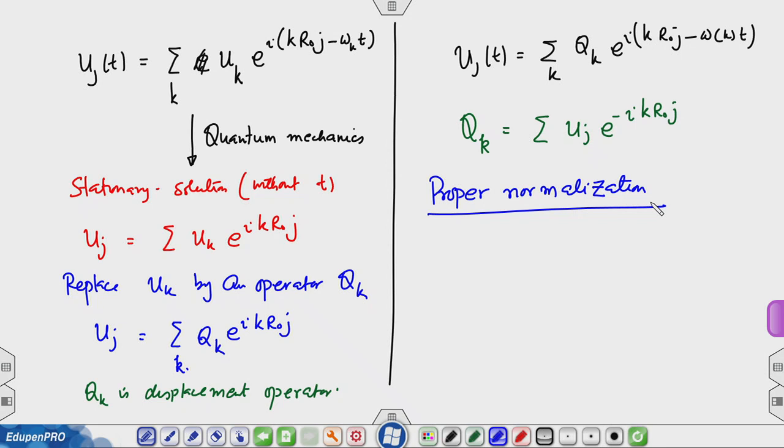I am going to write then u j equals 1 over square root of n.